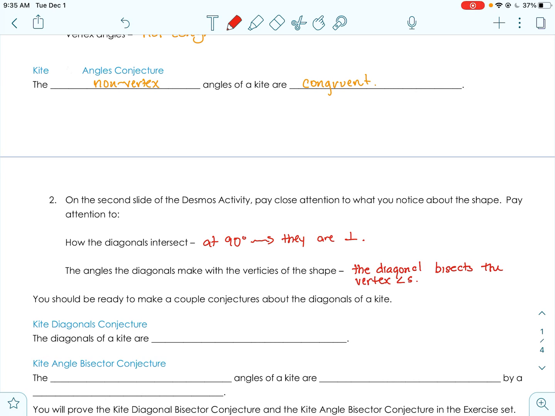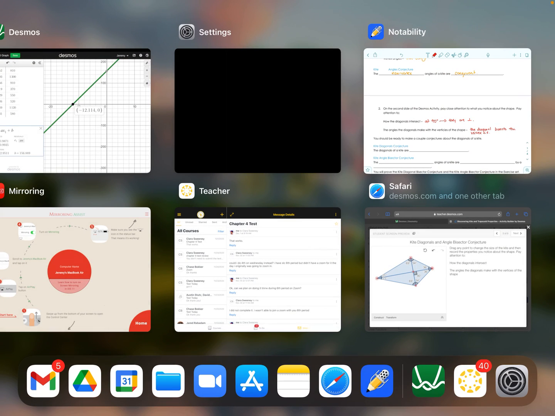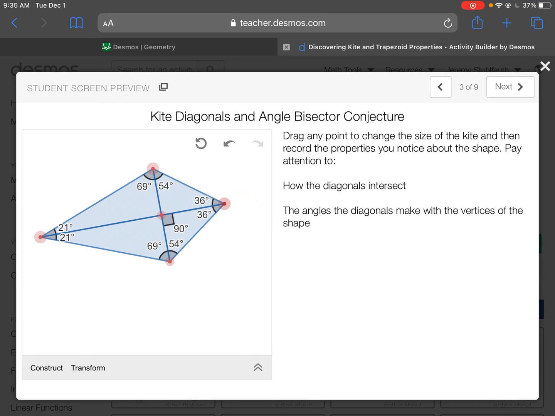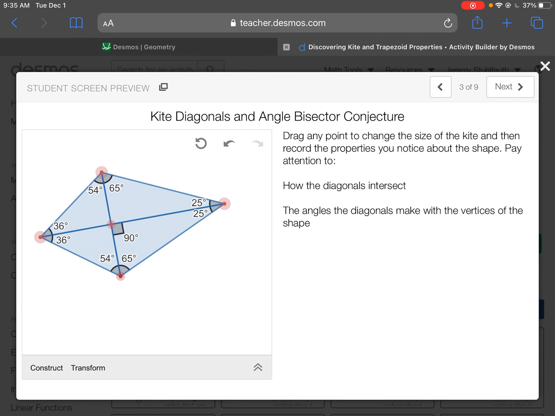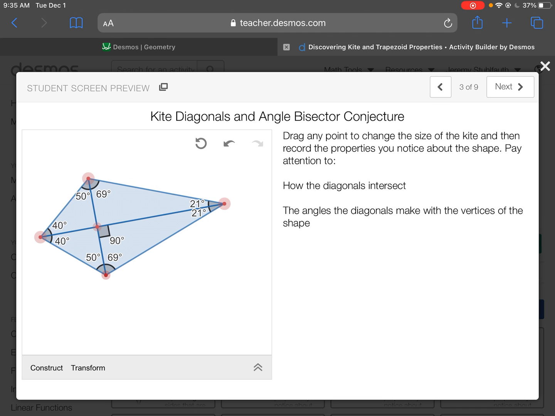Okay, and so if we look at that, let's again go back here and check. Do we notice anything about the angles that are non-vertex? It doesn't appear that it bisects the non-vertex angles.